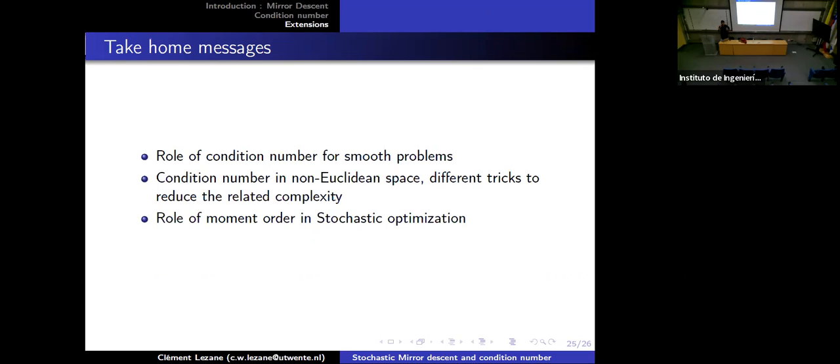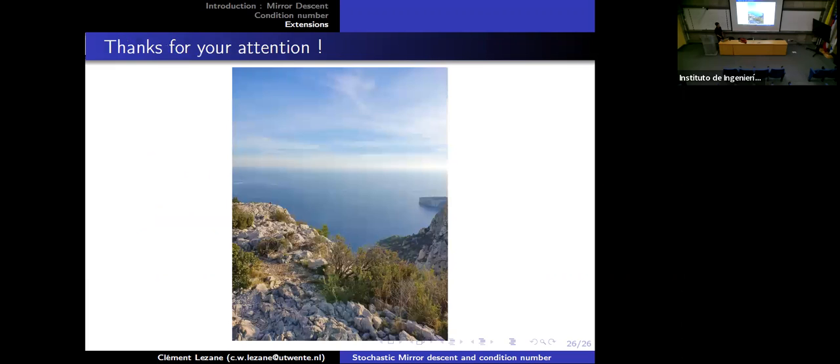That's why we have seen the restarting algorithm, and the accelerated method. Both are like this. And in the end, one of the things we have seen is that the moments order is something really important to the convergence rate. So those are the main messages, mainly about how to deal with condition number and how to deal with moments order. And thanks for your attention.